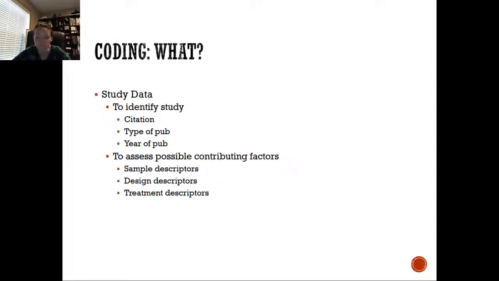So, if we were to think about how a treatment has likely become more effective over time as it's become refined, you might find that the effect size is much stronger over time. So sometimes that could be a finding. Or the relationship between two variables has changed over time as a result of cultural trends, etc., things like that. So study data is used as a way to assess for contributing factors as well.